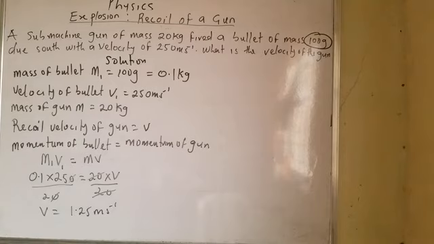Now, the recoil velocity is always in the opposite direction of the bullet's velocity. The bullet's velocity is due south, therefore the submachine gun's recoil velocity is 1.25 meters per second due north.